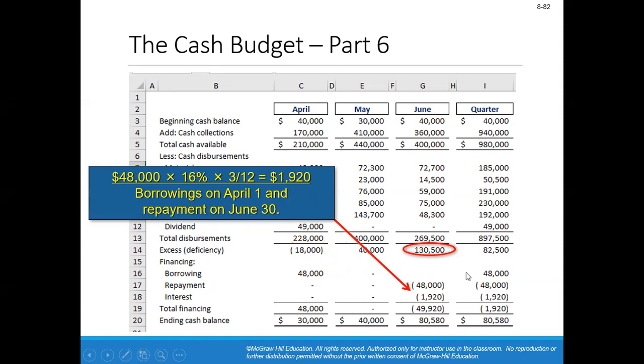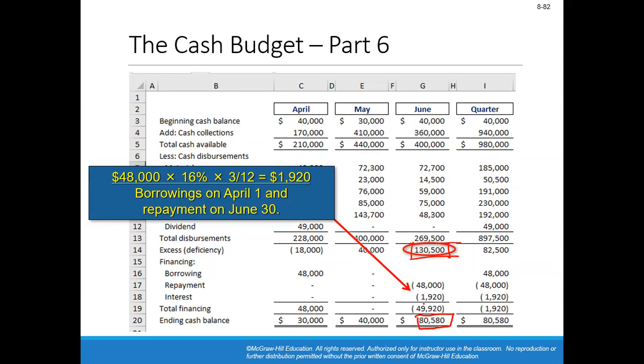So when we are making repayment of 49,920, will this excess cash balance go up or go down? It will go down. Now, it will go down by how much? By the amount for which we have made the repayment of loan. So after making this repayment, we have this 80,580.